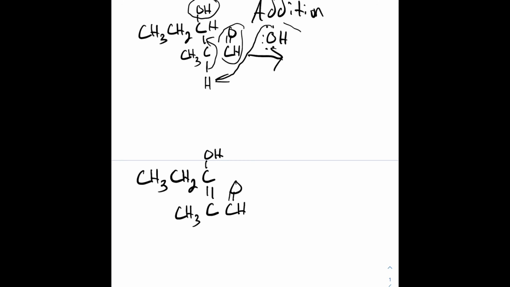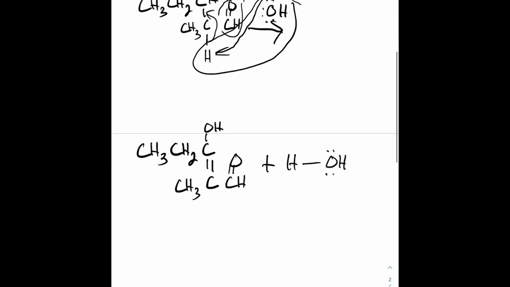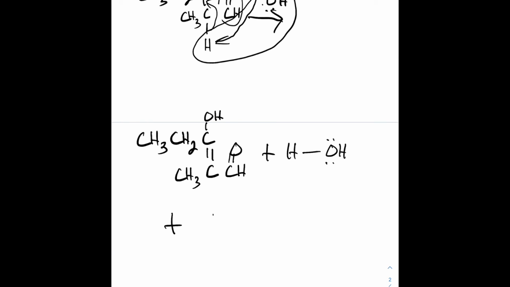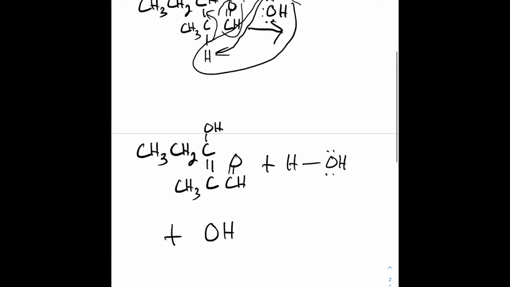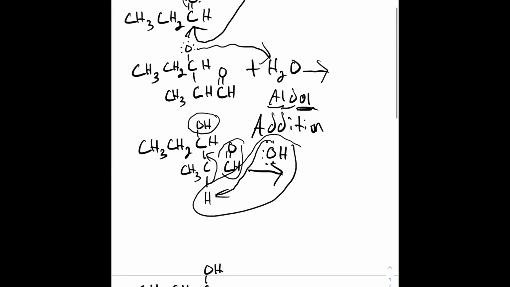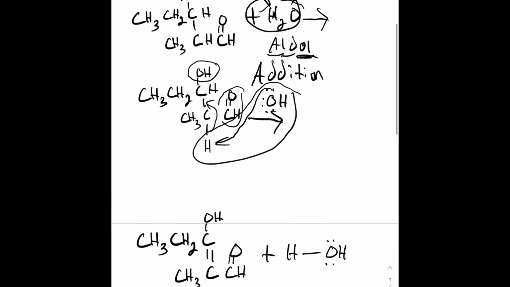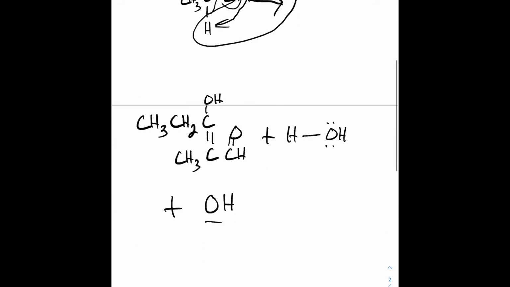And of course, when this happens, it's going to produce water, because this OH group is gaining a hydrogen to form a water molecule. So you have H2O. If you want to draw it correctly, you can put the lone pair here. And you're also going to have OH left over, because water was used here and it lost the hydrogen. So when you lose a hydrogen, you're going to have an OH.